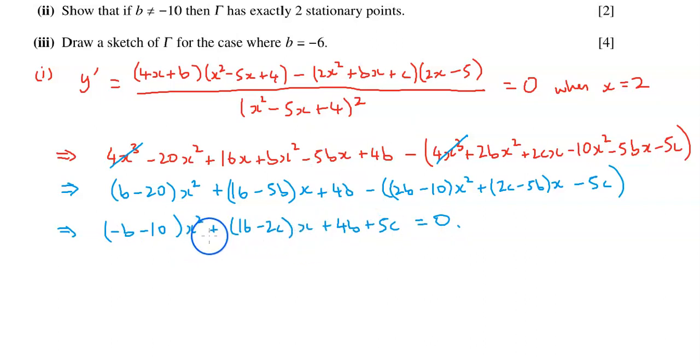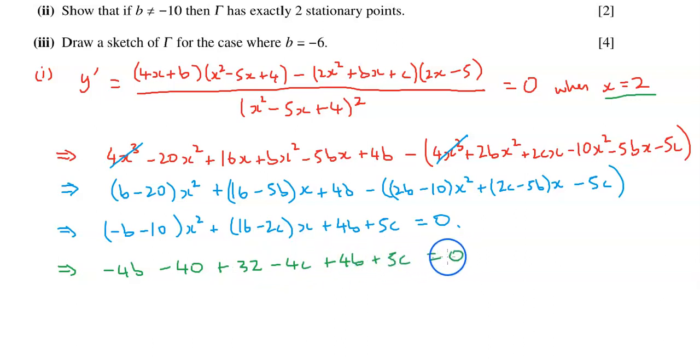So all the values of x which make this derivative equal to 0 is where the stationary points are. And we're told that there is a stationary point when x equals 2. So if we substitute that in, we get negative 4b minus 40 plus 32 minus 4c plus 4b plus 5c equals 0.